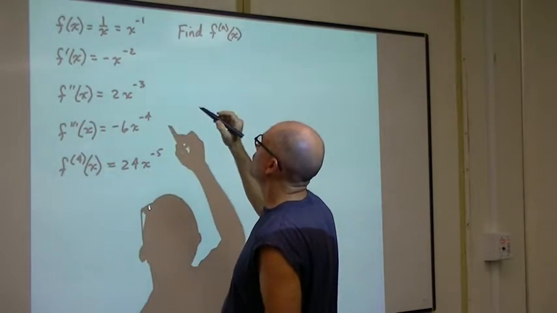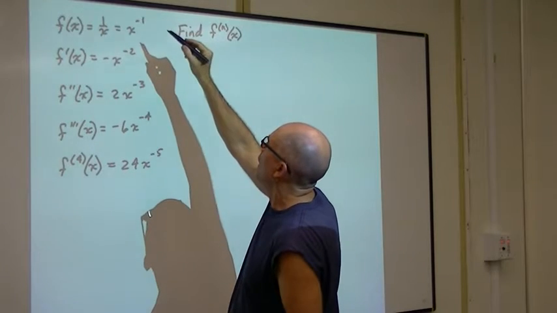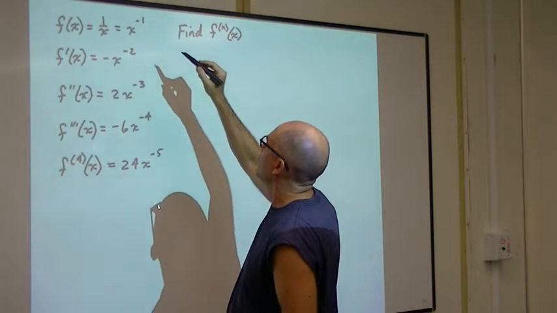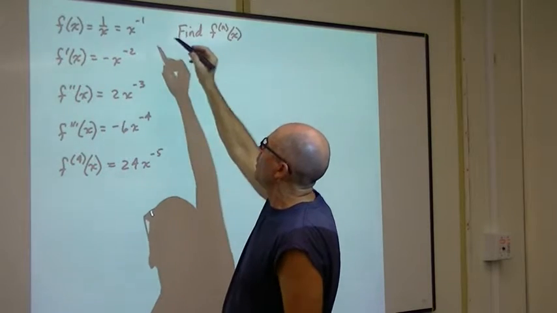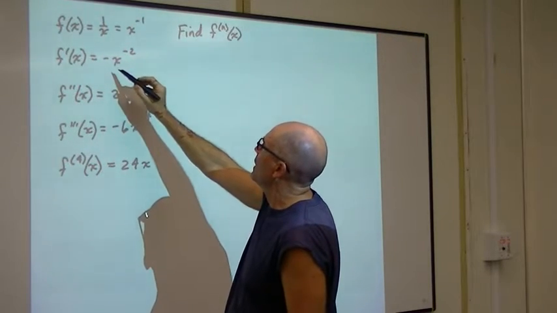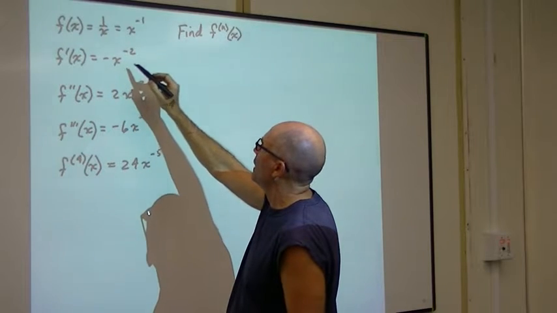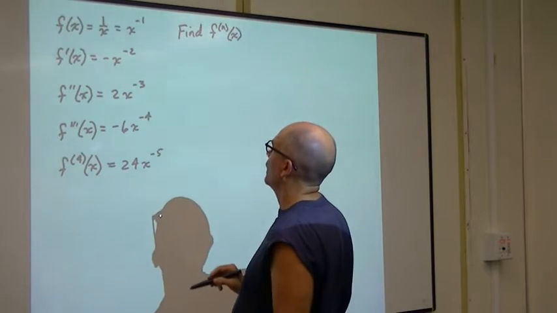So the original function is 1 x to the negative 1. Now, the derivative becomes negative 1 x to the negative 2.